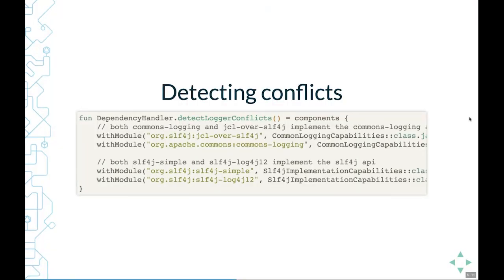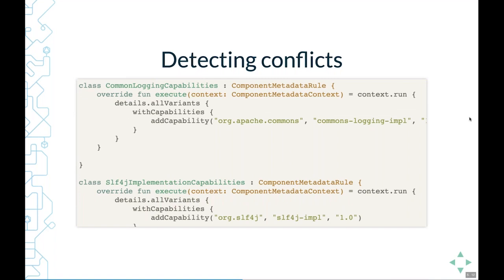Detection of conflicts isn't automatic. Ideally, we would have a plugin, and we are actually working on this. A plugin that would understand all this mess around logging frameworks in the Java ecosystem and do that for you. It would be opt-in because we don't want to break everybody's builds, since sometimes you don't care about having multiple loggers, you just run tests.